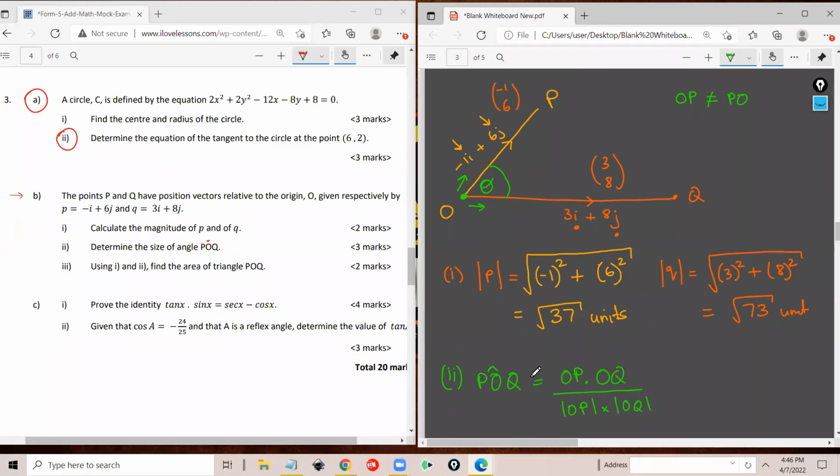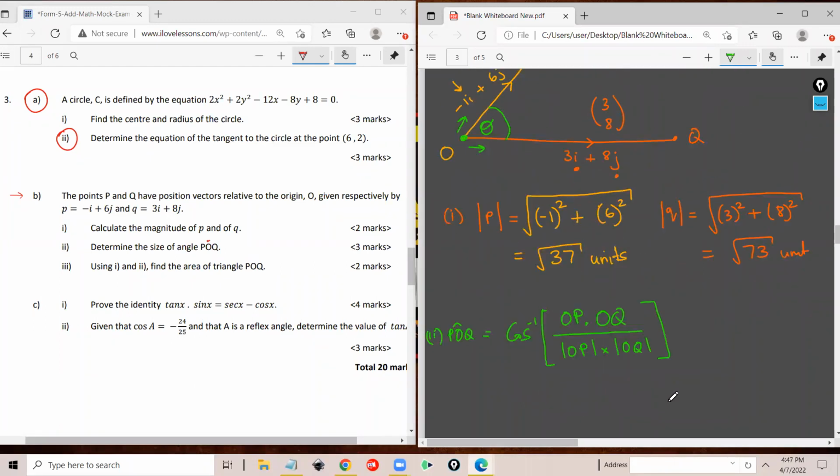And you have to cos inverse this answer here. Sorry about that, but go ahead and use the formula for those of you who are a little confused. Part 2, the angle POQ is equal to the cos inverse of this. So get started. Your job is just to find the dot product of OP and OQ, and you already have the magnitude of each vector.